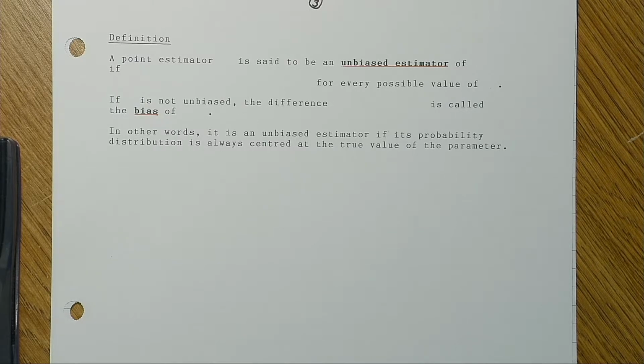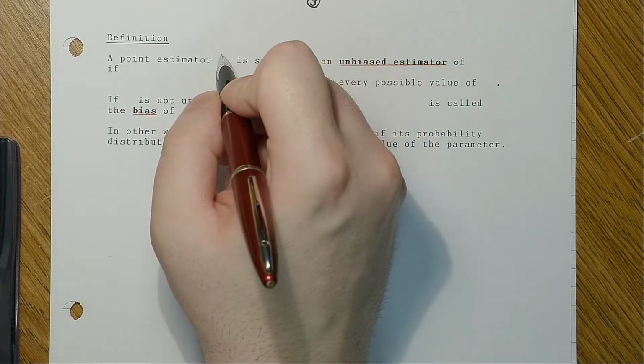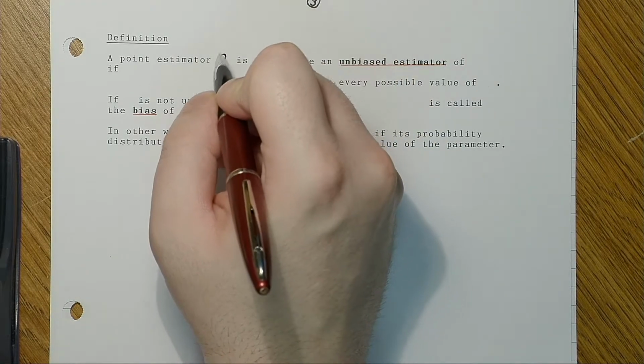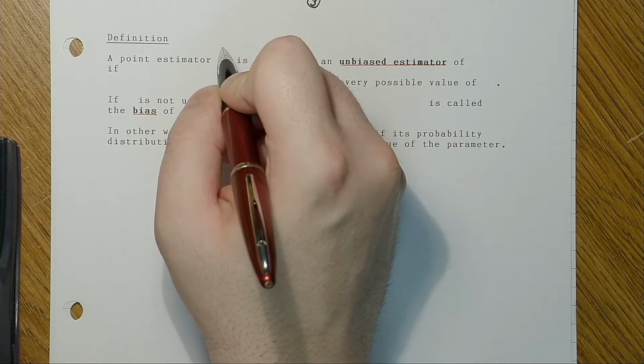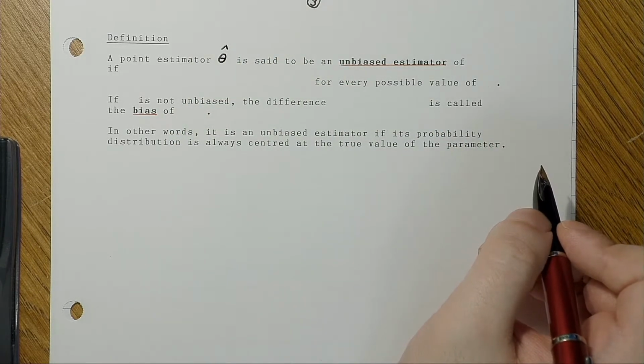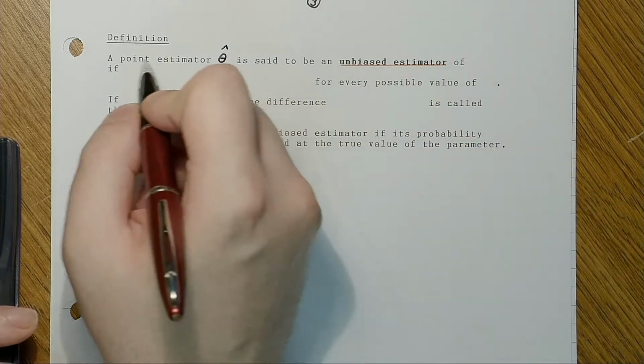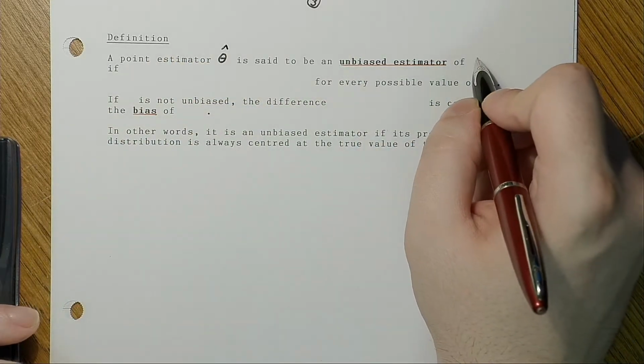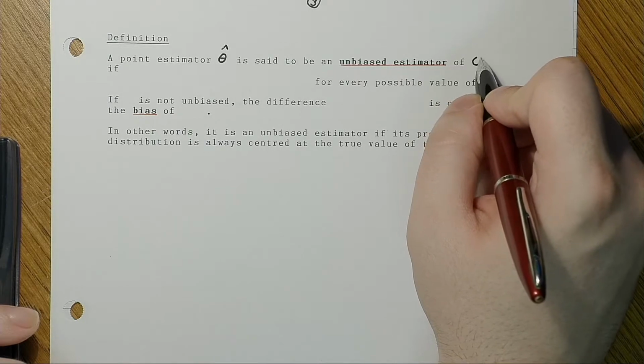So we say a point estimator, so we have the parameter we're going to estimate, so it's theta hat, is said to be an unbiased estimator of the parameter we're trying to look at. So let's say theta.